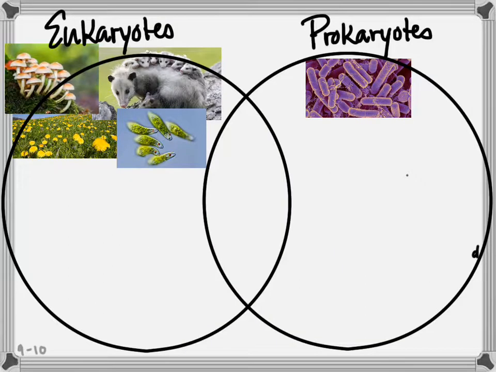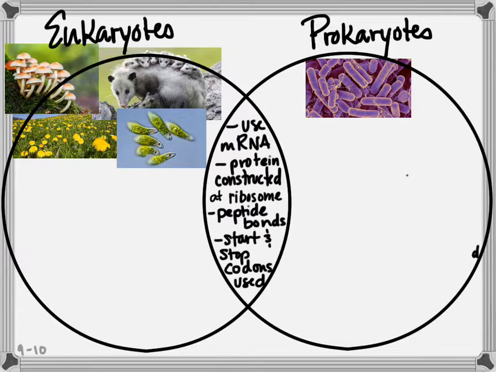So, as you can see, there are many ways in which protein synthesis is actually pretty much the same in prokaryotes and eukaryotes. In both types of cells, mRNA is used to get the code from the DNA to the ribosome. Both make use of start and stop codons, and in both cases, amino acids are linked with peptide bonds to form proteins.